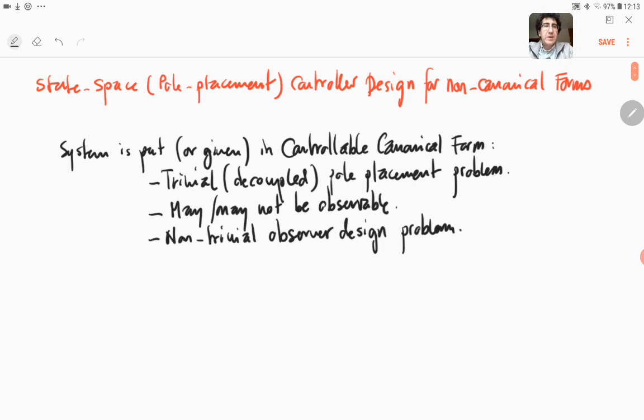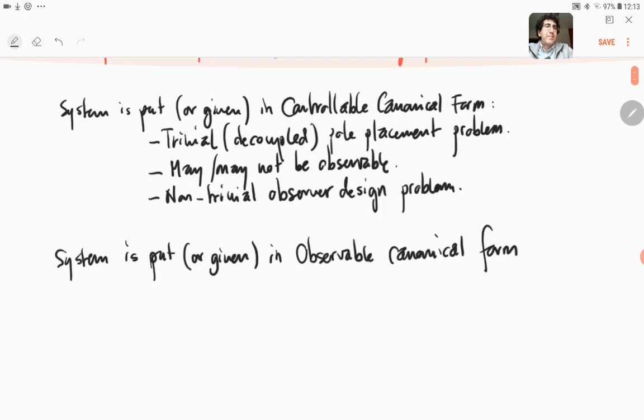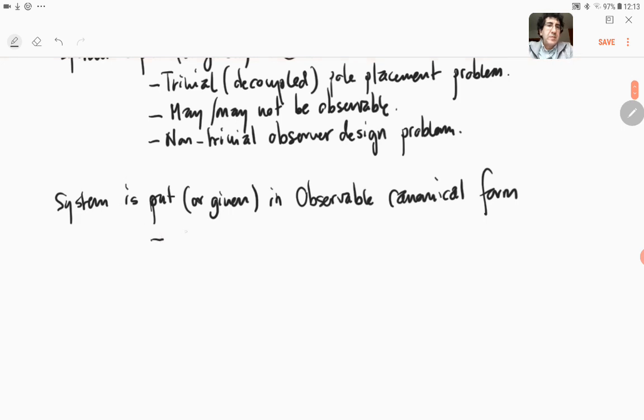Similarly, if the system is put or given in observable canonical form, then the converse happens. Basically, you have a trivial observer design, a decoupled observer design problem.